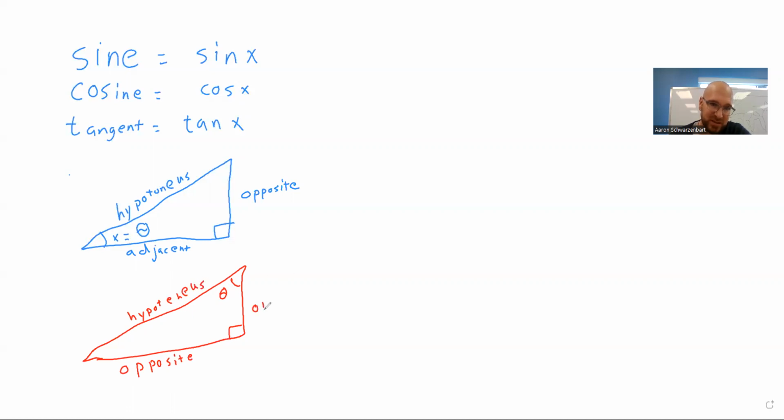Okay, and this side is opposite. Looks like I spelled hypotenuse wrong above, so let me fix that in a second. Might be UES, I can't remember.